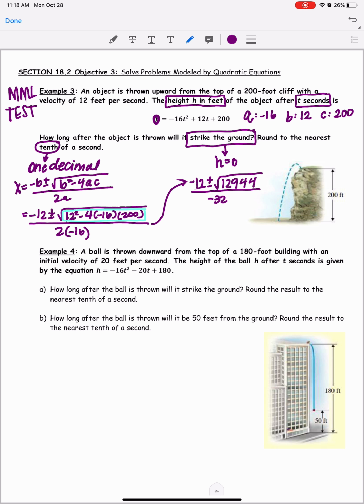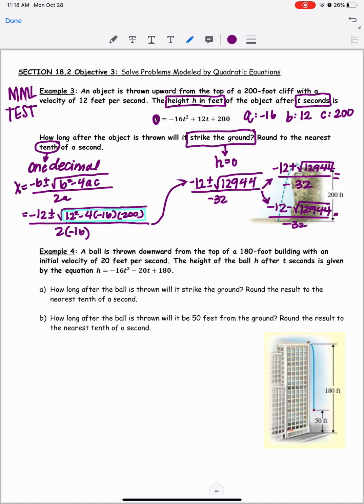That's not a perfect square root. Okay, so split this up. And I'm just going to write on top of this diagram. So we've got negative 12 plus the square root all over negative 32. And we have negative 12 minus the square root all over negative 32.